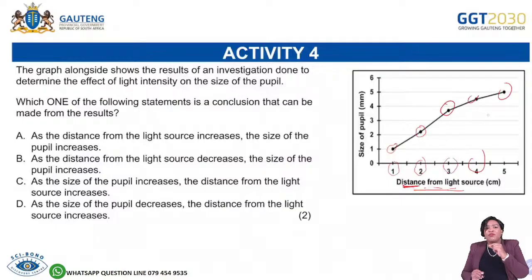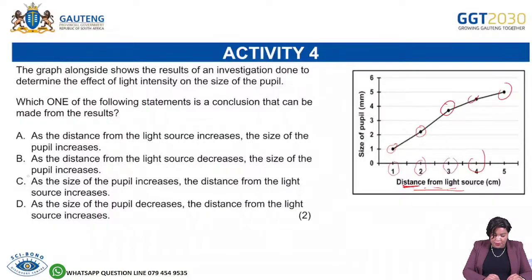So there is a 50-50, but at the very least there's a 25% chance for you to get the answer correct. So please, do not leave multiple choice questions blank in the examinations, because if you leave it, it's like you are choosing 0% out of 25%. So please make sure that this is a question that you are going to answer. So for now, A, we can put it on hold if it makes sense to us.